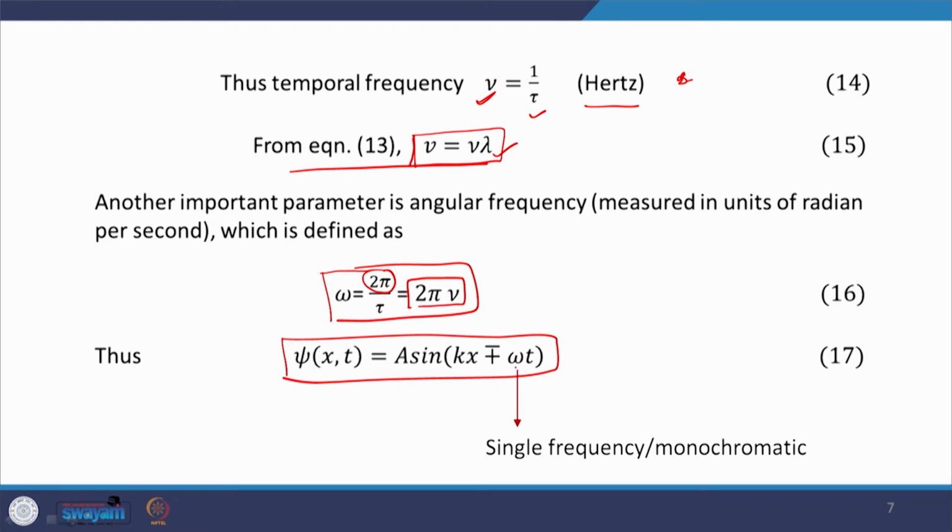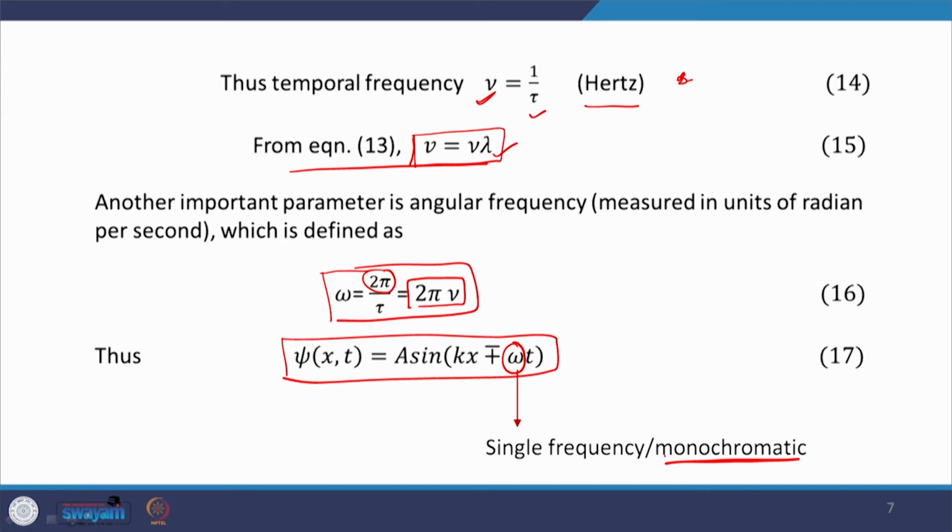Here we see that this wave function has only one frequency omega, and such a wave is called a monochromatic wave. A wave which has only a single frequency is called a monochromatic wave. But in practice, it is impossible to have a monochromatic wave.